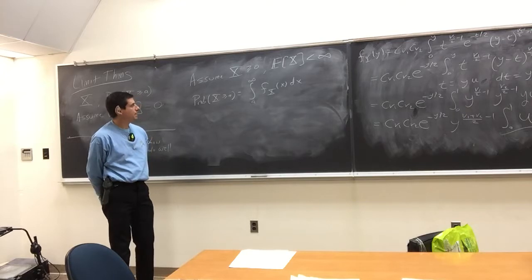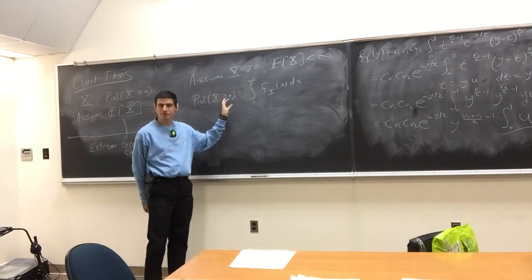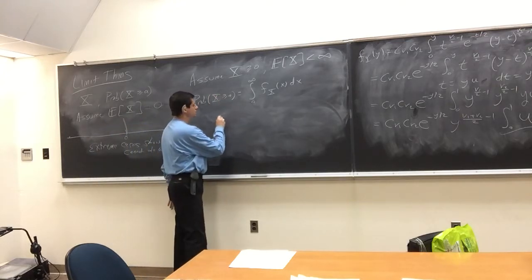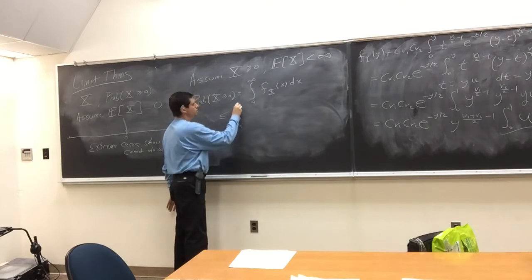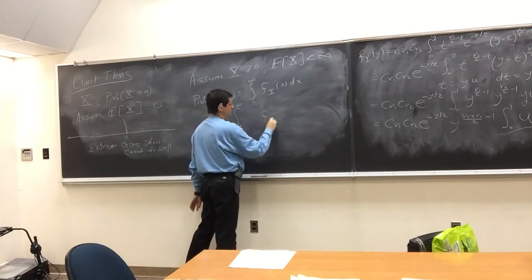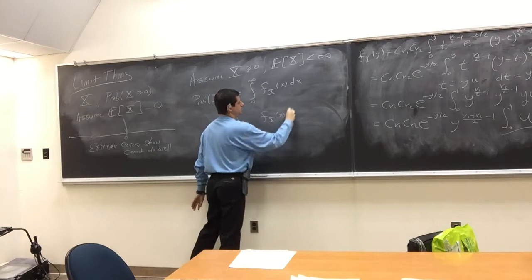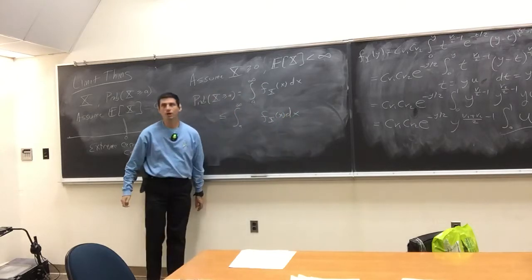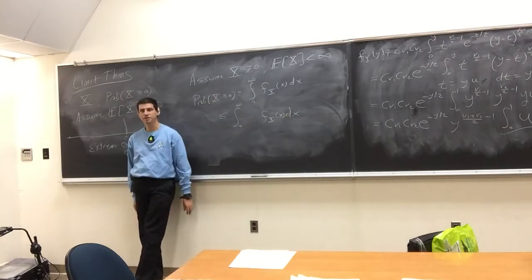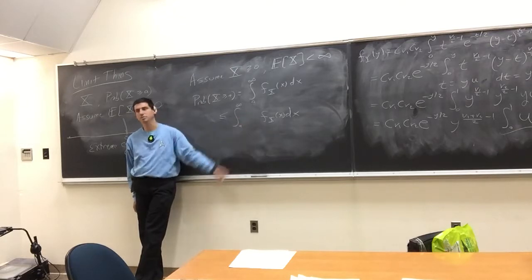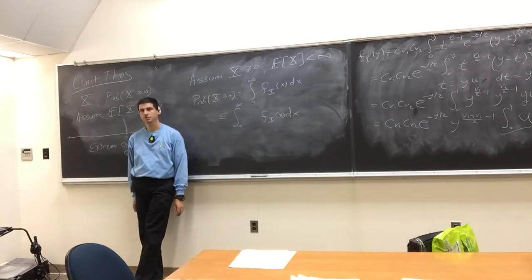We're going to be able to get an upper bound for this. So this will be less than or equal to an integral from a to infinity of fx of x dx. What I want to do is I want to try to motivate why we're about to do what we're about to do. I can easily write down what comes next. It's logical. There's only one thing to write down. I want you to see why it's logical.